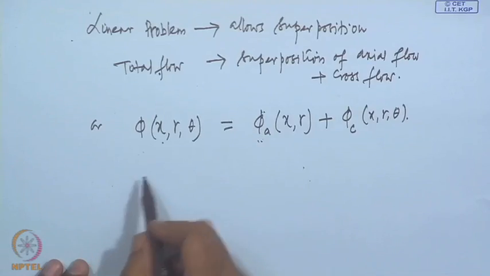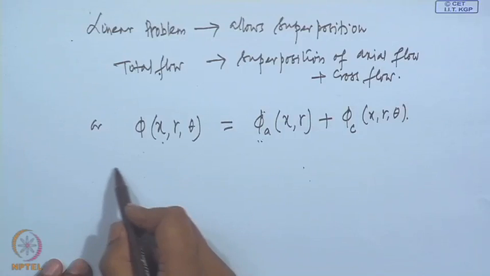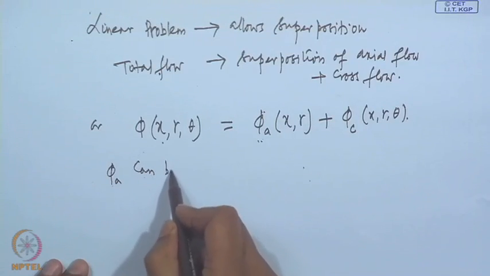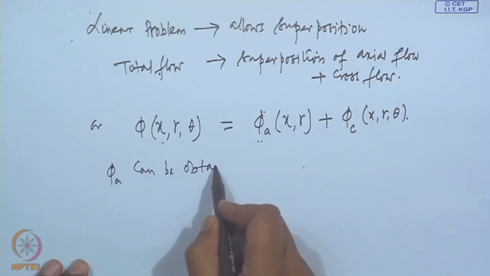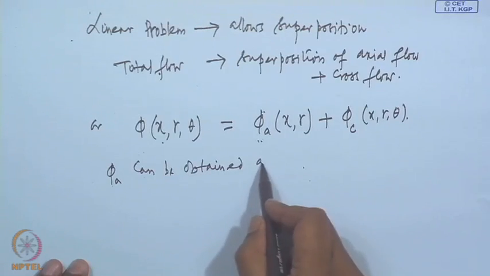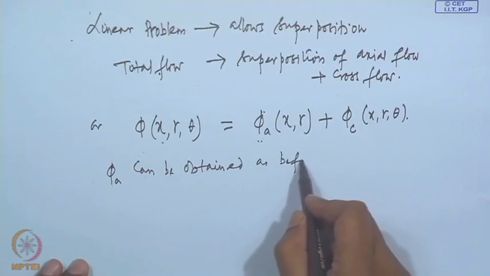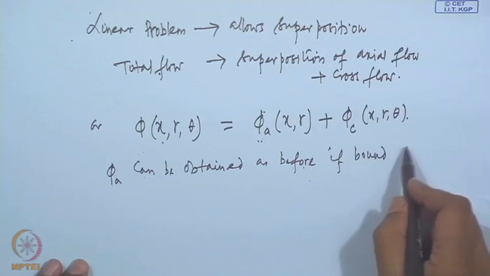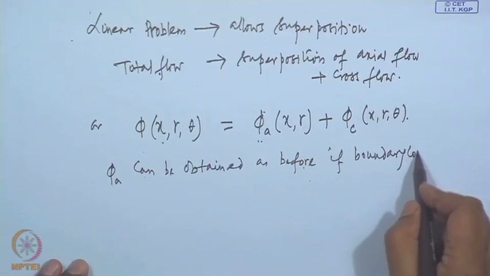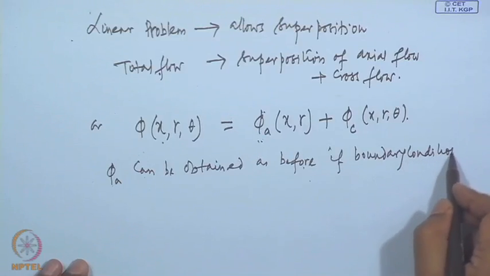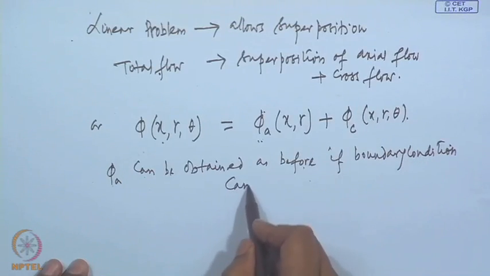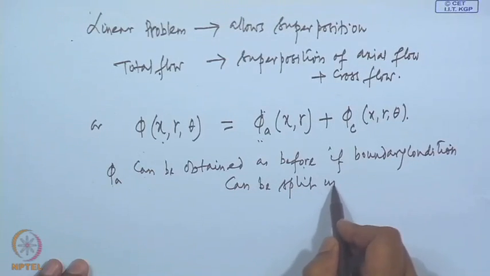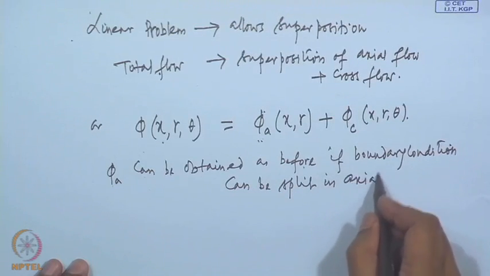So, phi a can be obtained as before if the boundary condition can be split in axial and cross flow part.